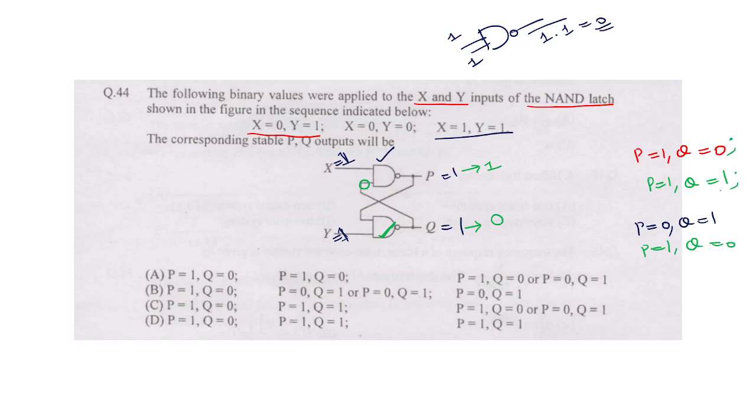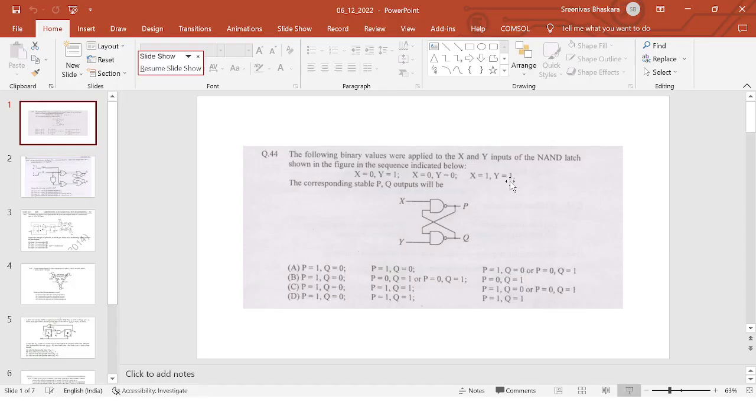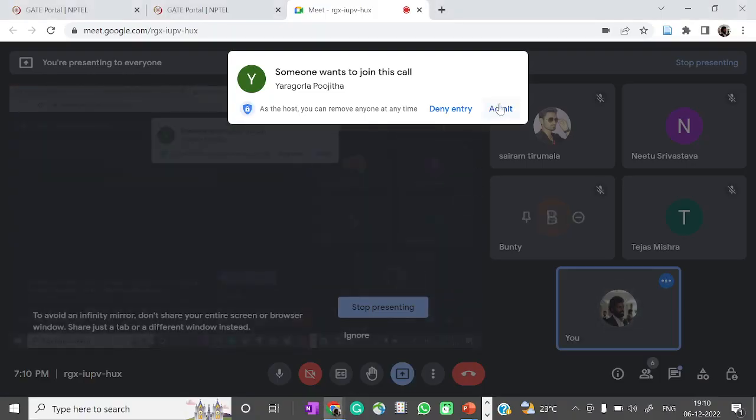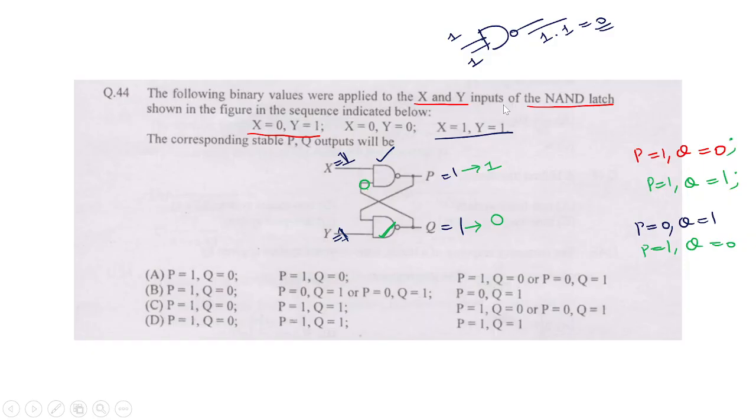Second combination also surely P equal to 1, Q equal to 1. For the third combination x equal to 1 and y equal to 1, there is an ambiguity. It can be P equal to 0, Q equal to 1, or it can be P equal to 1, Q equal to 0. It depends on how fast either NAND gate 1 or NAND gate 2 processes it, right? So we are not sure because those are not given.